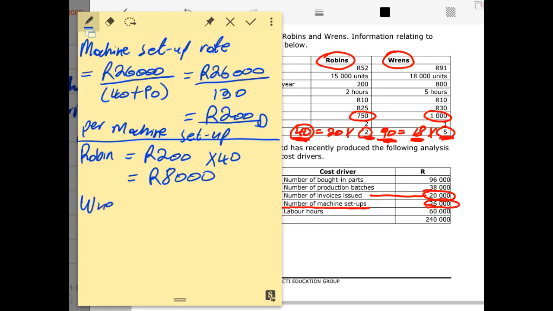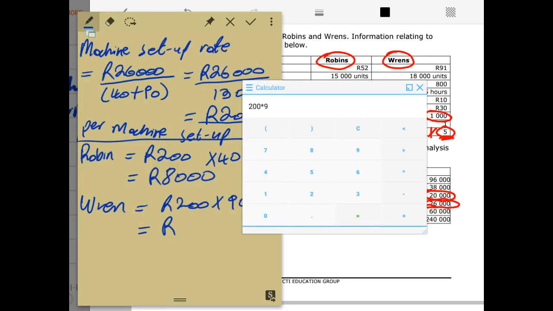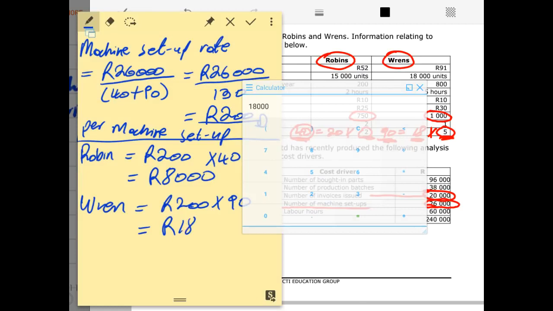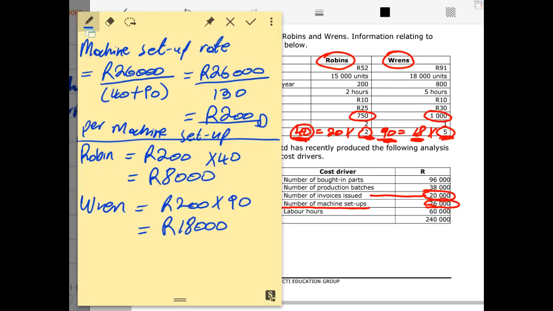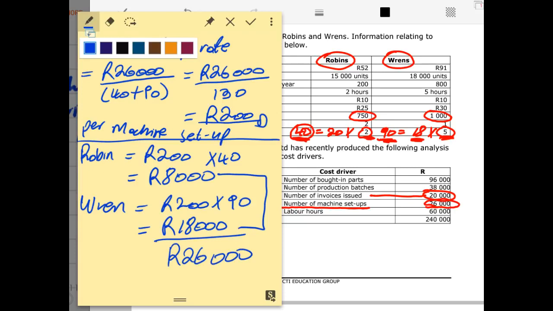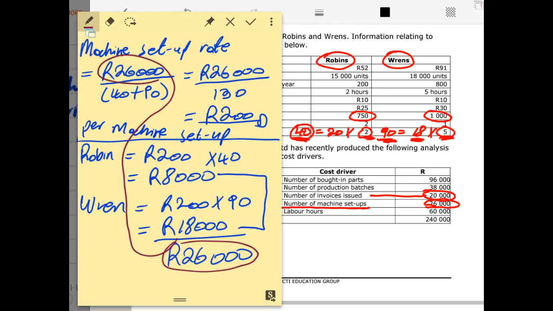Then for product Ren, we say 200 of the rate times by 90, and if we multiply that 200 by 90, that gives us 18,000. And if we say 18,000 plus 8,000, that gives us 26,000, and 26,000 is the total overhead that we're allocating.